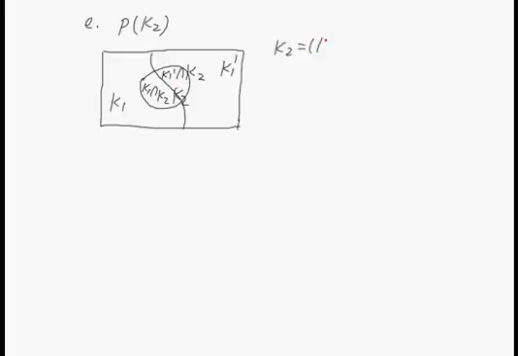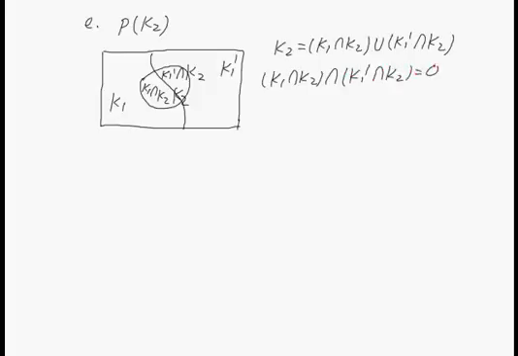So we have K1 intersection K2, this part, union K1 prime intersection K2, that is this part, and the intersection of these 2 parts is equal to the empty set.